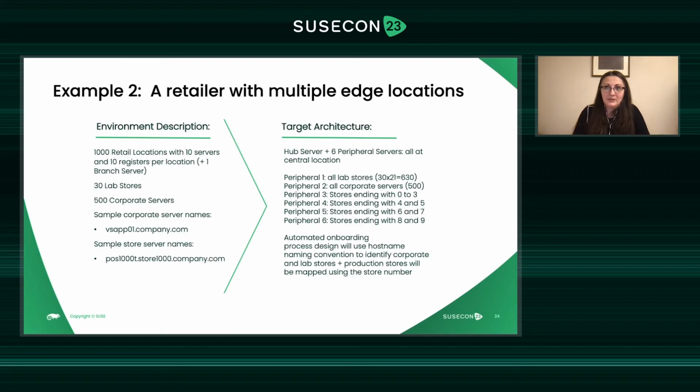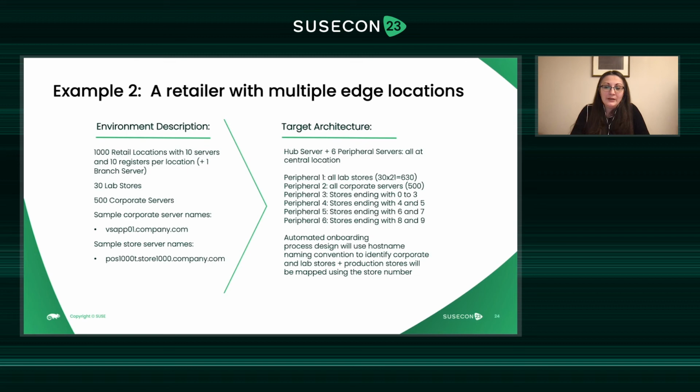So this, again, depends on your environment, and it may be different for everybody, and how you want to lay this out, and think about how you want to map to the peripheral servers, and decide how many peripheral servers you need in your particular environment. It really does depend on your knowledge of your environment.